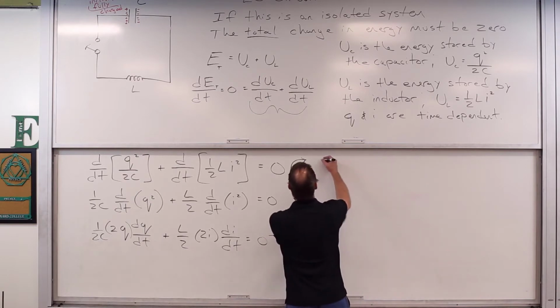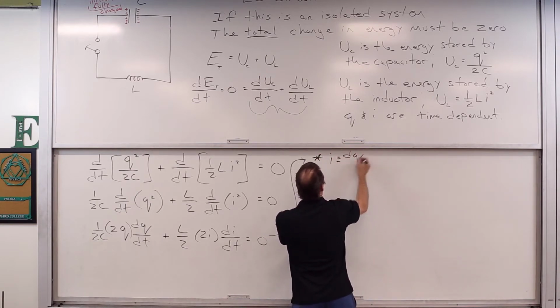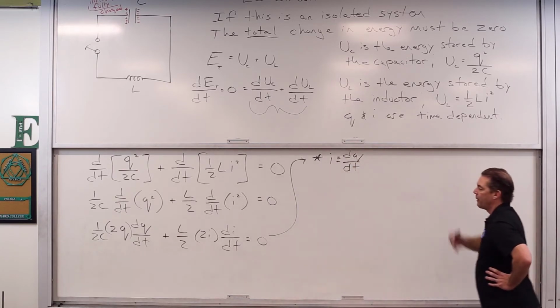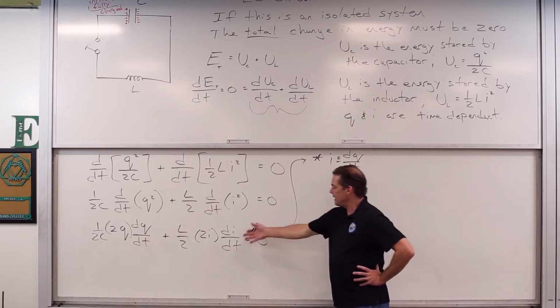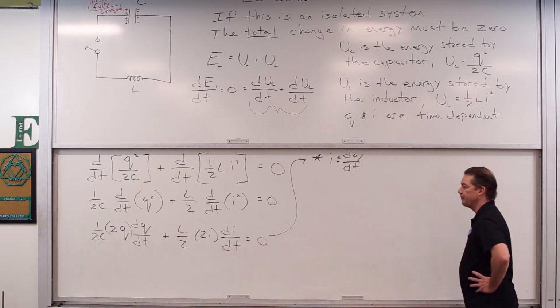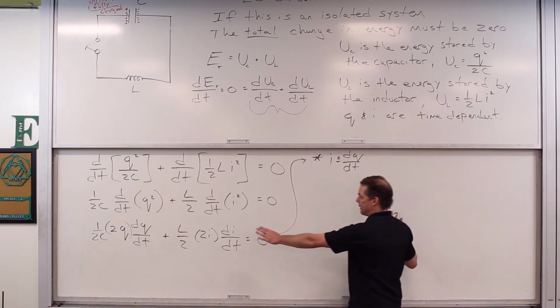With this, we can start to rewrite some stuff. So we've got I is equal to dq/dt. That means that dI/dt is d squared q/dt squared.